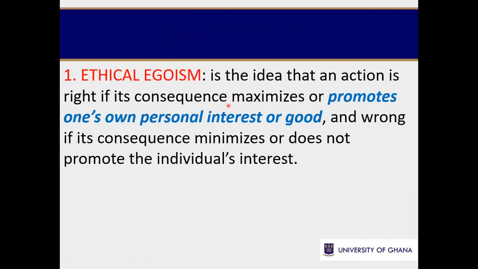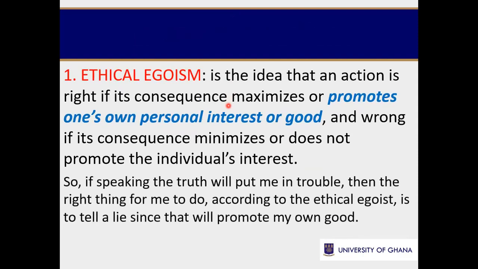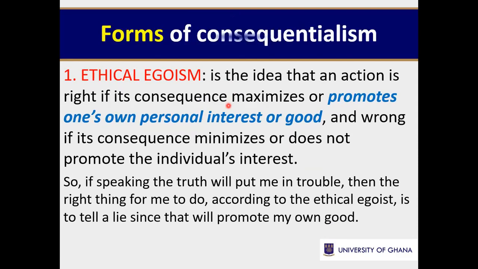Now you can think of consequentialism in different ways. So on the screen now, we think of the first type or form of consequentialism: ethical egoism. Look at the word ego. Me, myself, and I. That's egoism.